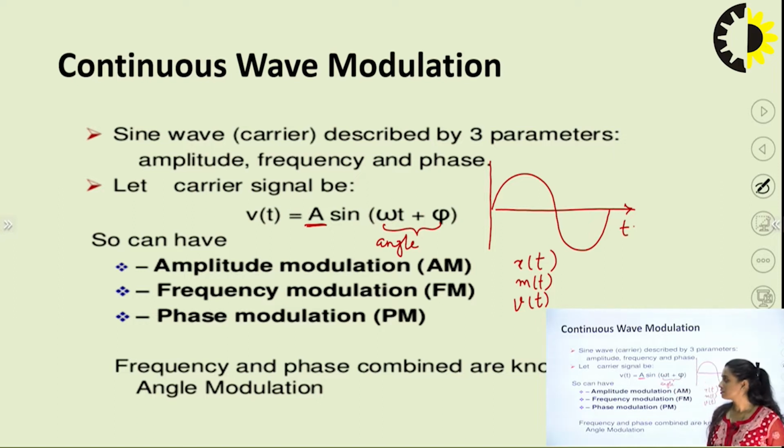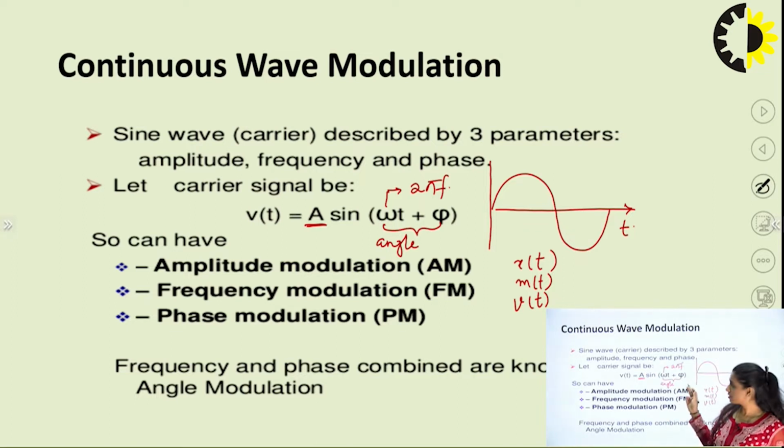So in totality it has two parameters, the amplitude and the angle, or if I elaborate this angle, then it has frequency and phase, as my omega is 2 pi f. So this complete part is the phase angle plus minus some variation, that is my phase variation or phase deviation.